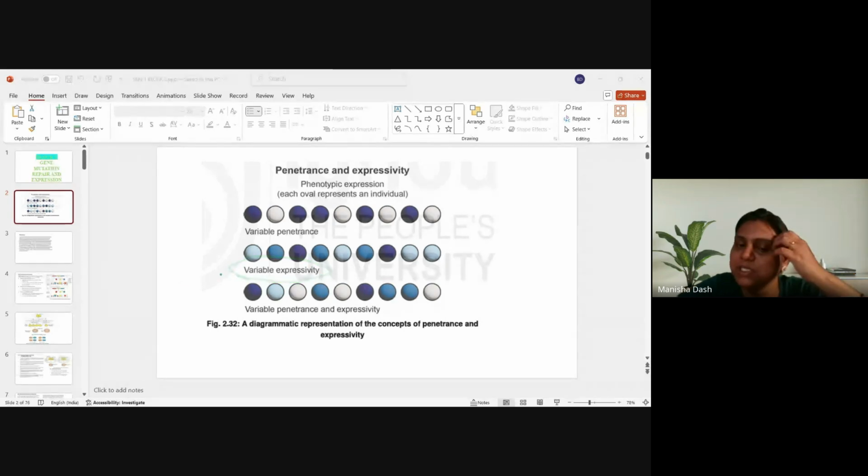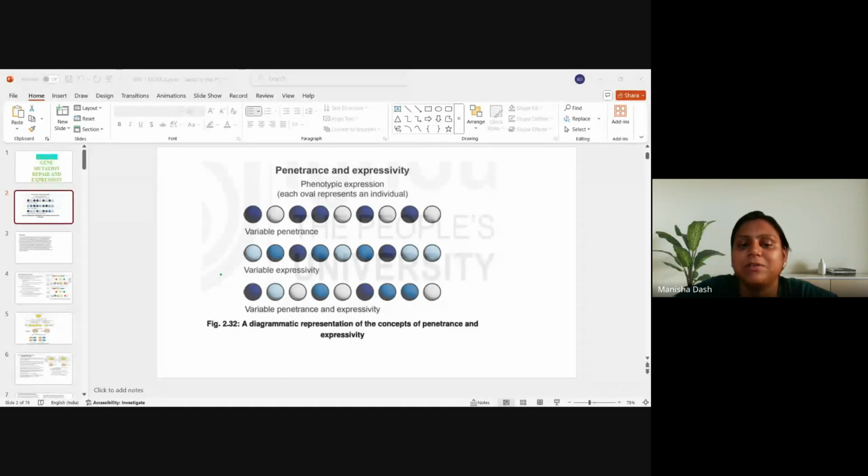So penetrance measures what percentage of the members in a population are exhibiting the phenotype associated with the genotype. For example, if in a population, members have a capital T small t genotype, all of them should be tall, but it might be possible that only a few of them will be tall and the rest may not be as tall as expected.